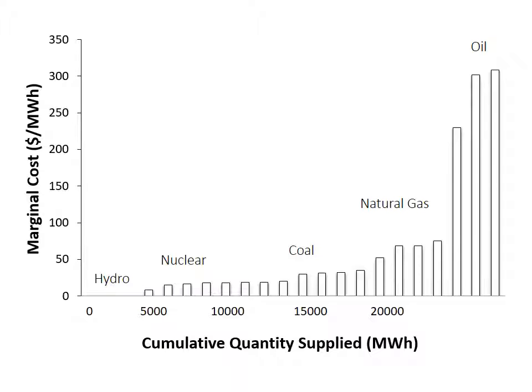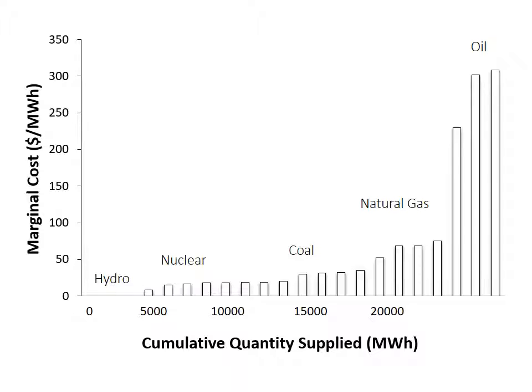In this case, we have an entire system's worth of generation along the x-axis. So the furthest point out on the x-axis is the total amount of electricity our system could supply if it were stretched to that point.